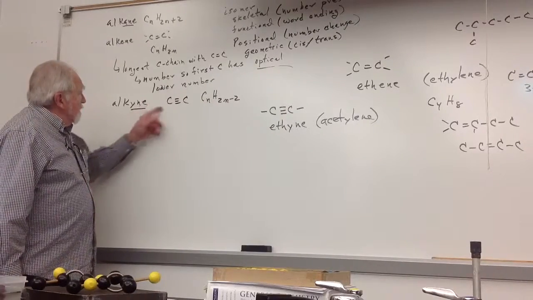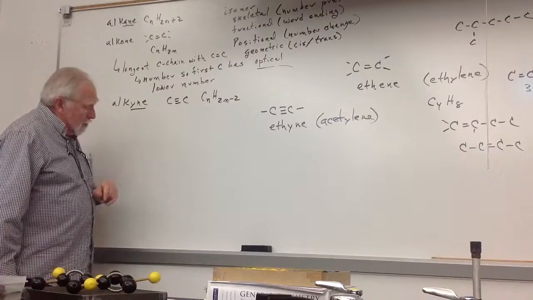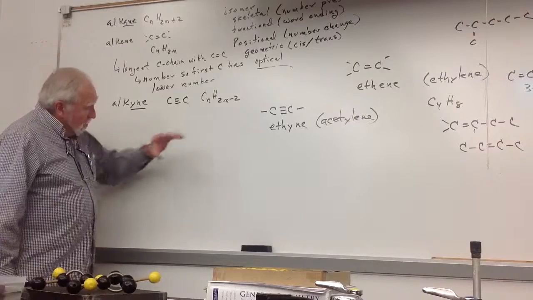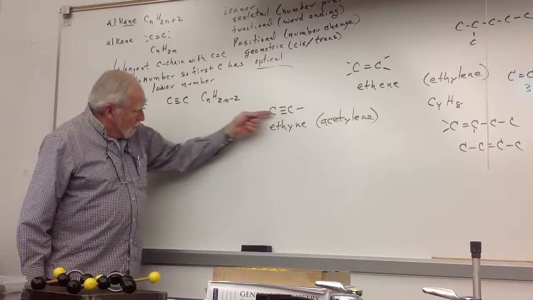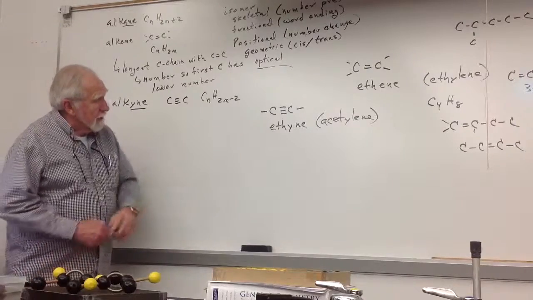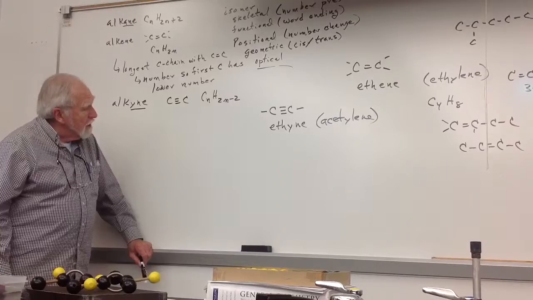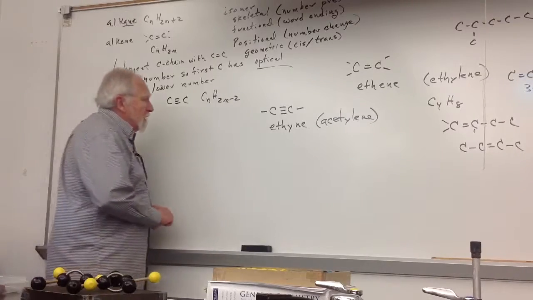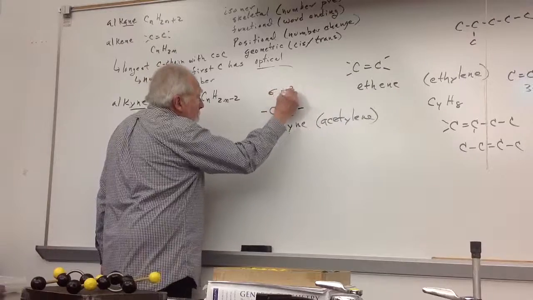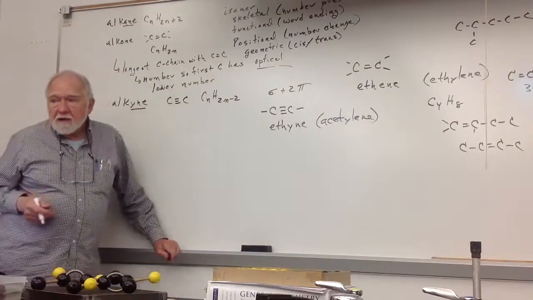What else did I want to say? The lowest first carbon in the triple bond should have the lower number. There's no free rotation here, but it's all linear about this carbon thing. This happens to be sp hybridization for the carbons. And triple bond, you may remember this from 1A, is made up of a sigma and 2 pi bonds.